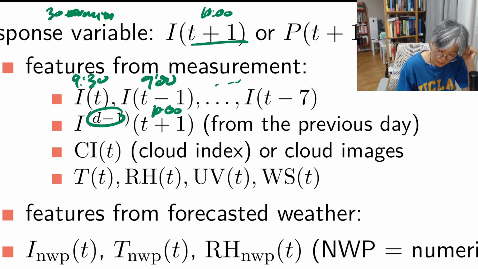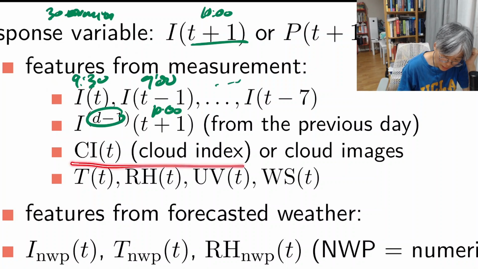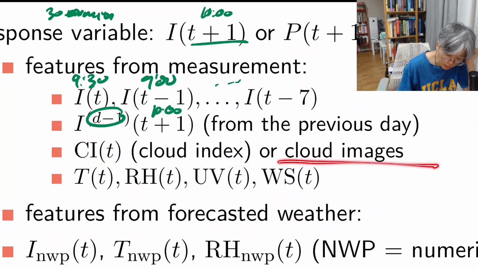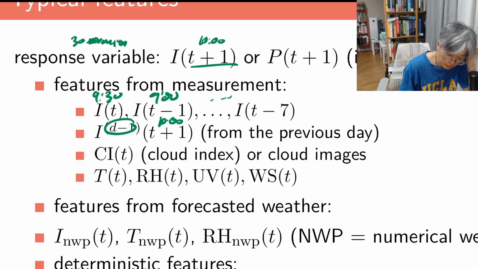You can pick the cloud index or whatever you can extract from the satellite, maybe the cloud images. So that represents one regressor here. And this is temperature, relative humidity, UV, and the wind speed.